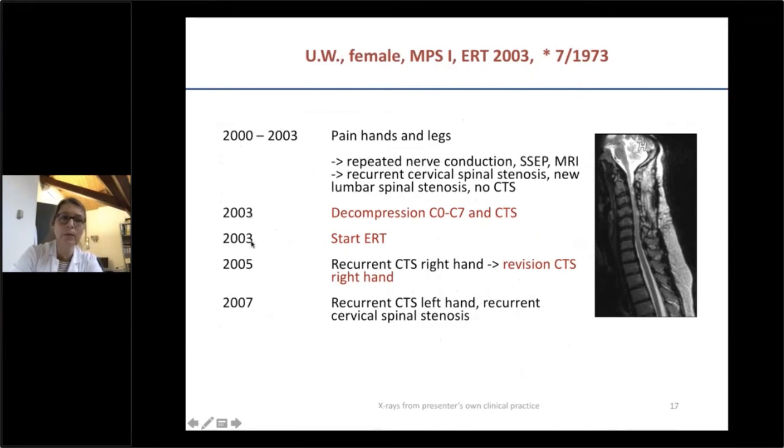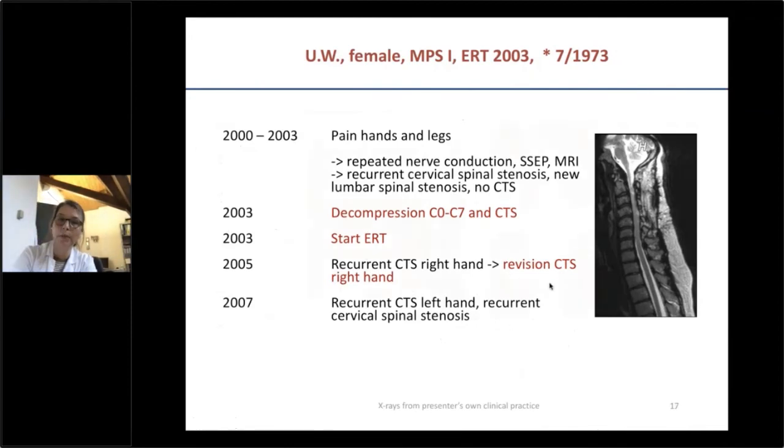In 2003, we had ERT available for MPS 1 and approved by the insurance, and we started ERT. And nevertheless, although she had ERT already for 2 years, there was again carpal tunnel syndrome.